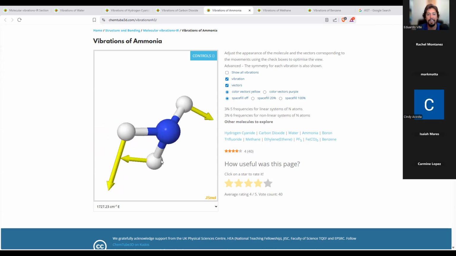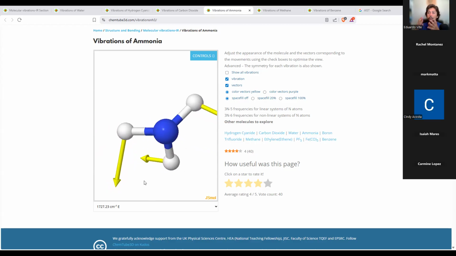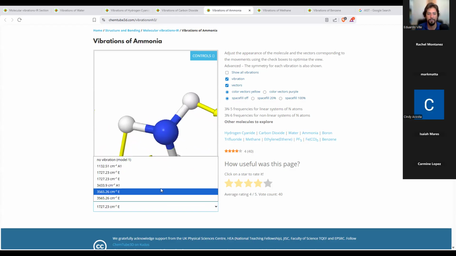This is definitely an asymmetric bend right here. And it shows you how the more atoms and bonds you have, the more types of combined complicated motions you can have. And this is where the fingerprint comes from. Every molecule has its own motion, its own vibrations. So when we take the spectrum, we see the fingerprint IR of the signals.